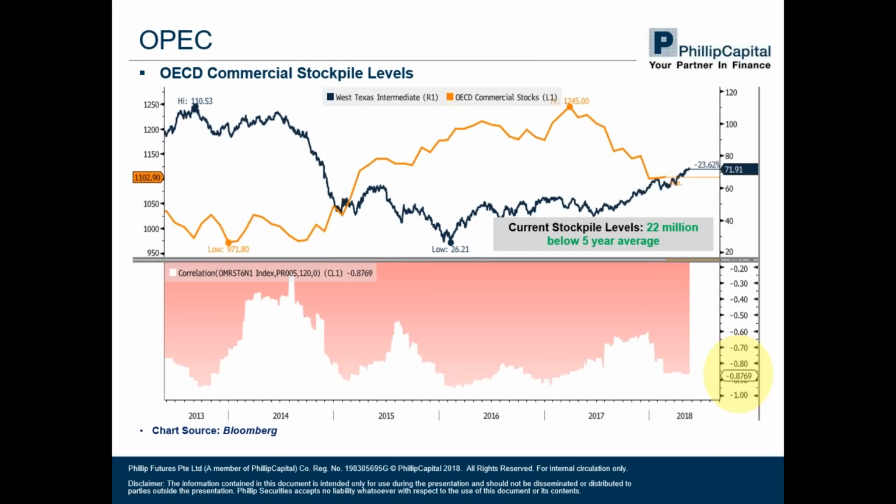So this is the most accurate reflection. The target by OPEC Plus is the 5-year average. Although inventories have been increasing, we are still at a good figure, 22 million barrels below the 5-year average. So for a more macro fundamental viewpoint, you can use OECD commercial stockpile levels as a good indicator.